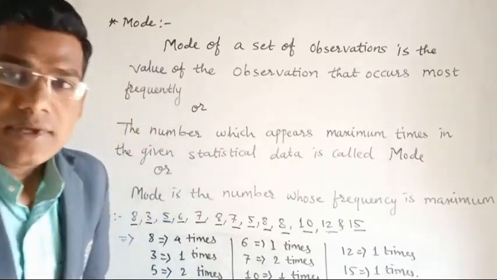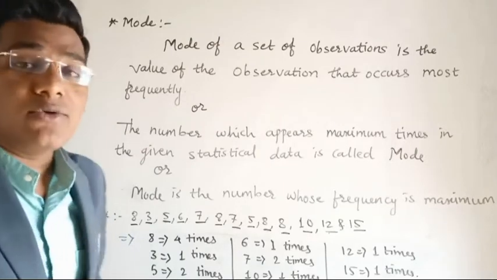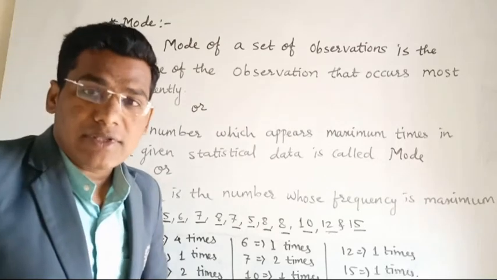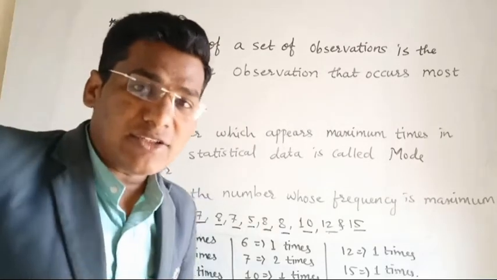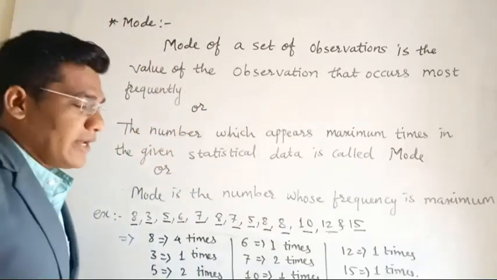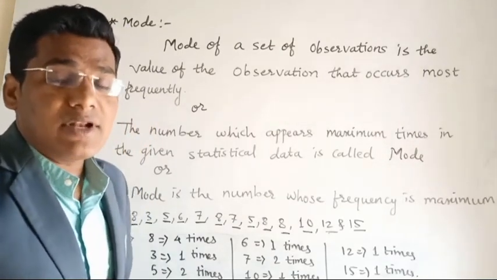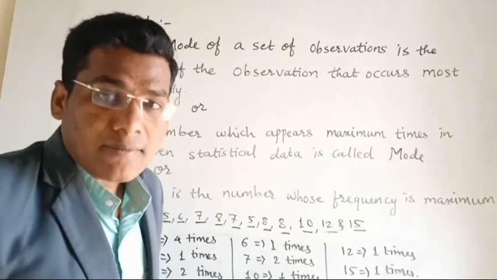How many times each number occurs, and by using that we can find out the mode with the help of the definition. The definition tells us that the number which is repeated most times will be the mode of that particular observation.